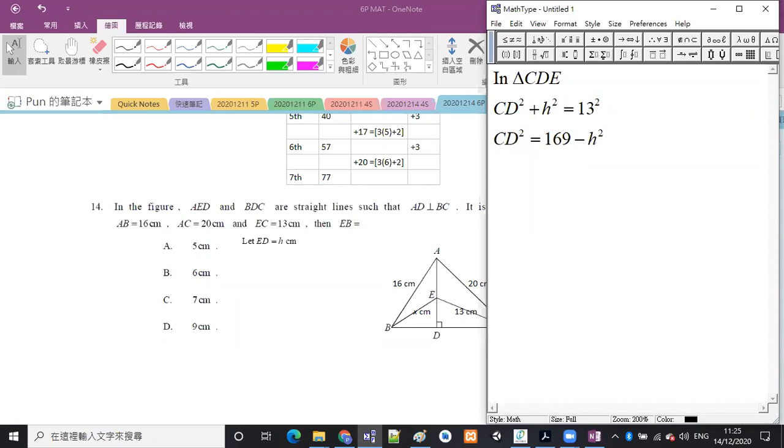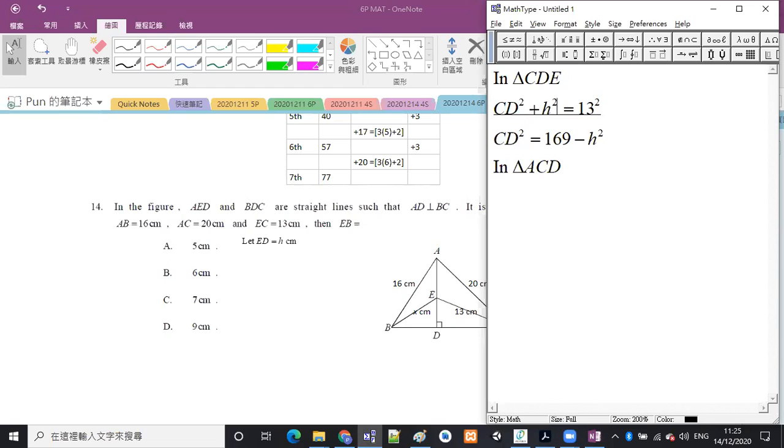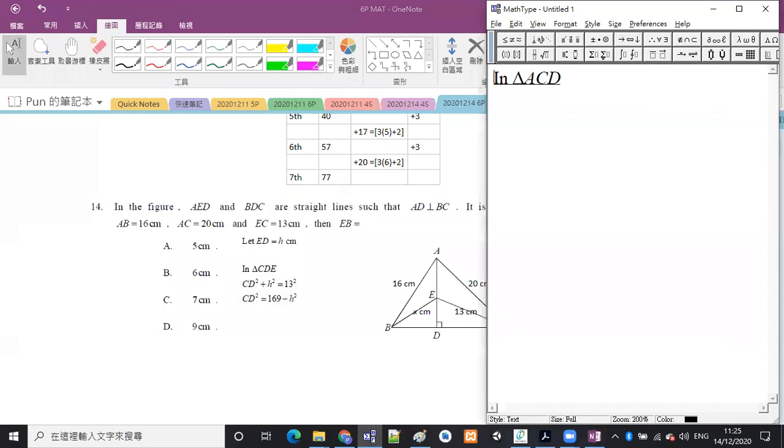Get this? And then we consider triangle ACD. Then we consider triangle ACD. We know that AD square plus CD square is equal to 20 square. But we have already found that CD square is equal to 169 minus H square. Okay, so it is equal to this.